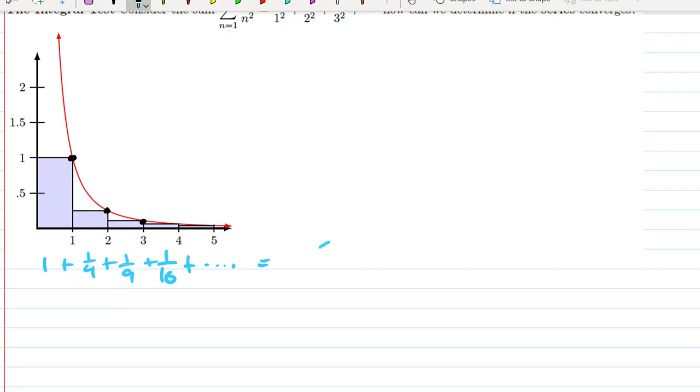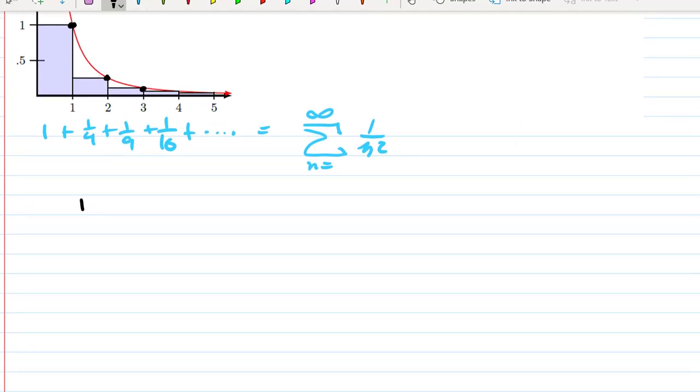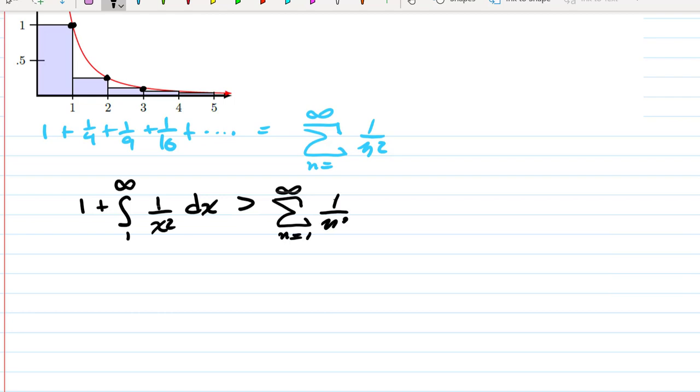And we know then that that is equal to the sum as n goes from 1 to infinity of 1 over n squared. Well, based on this observation, we would be able to observe that 1 plus the integral from 1 to infinity of 1 over x squared dx would then have to be greater than the sum as n goes from 1 to infinity of 1 over n squared.